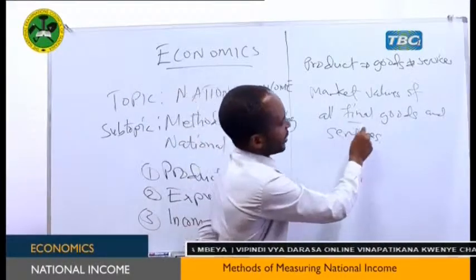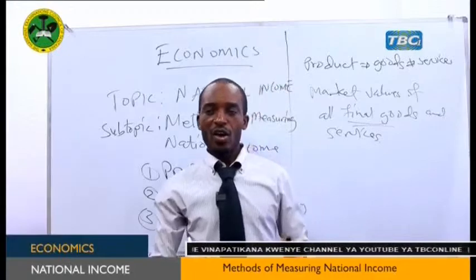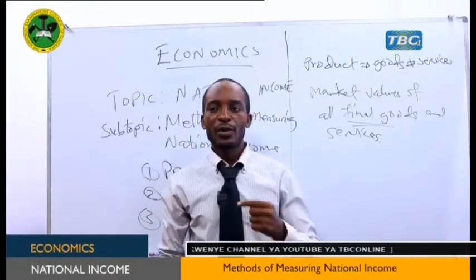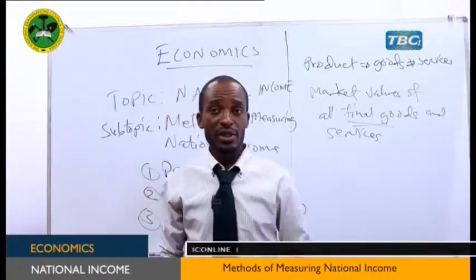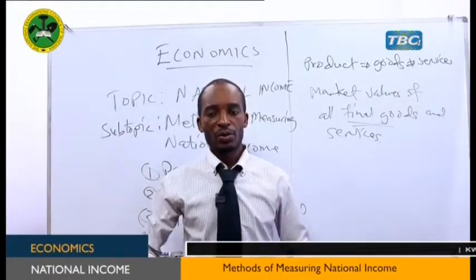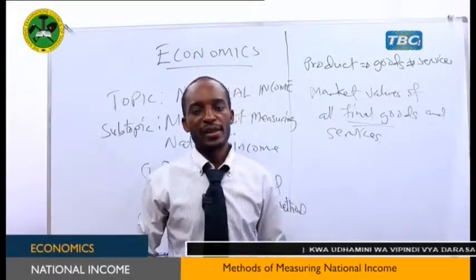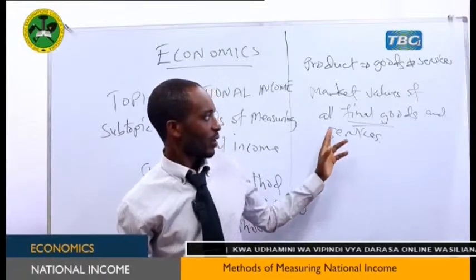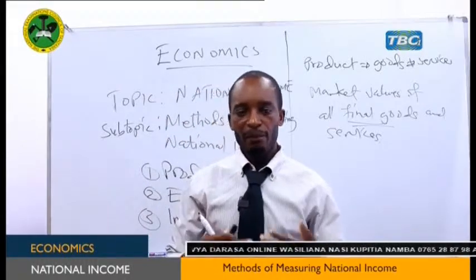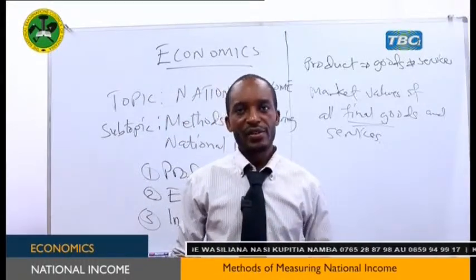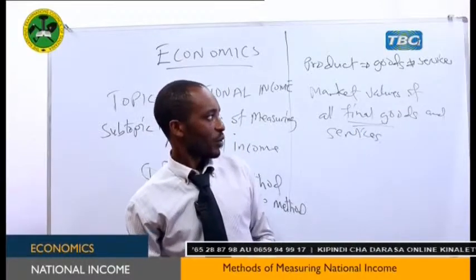So make sure that you use the final goods. When we say final goods, it means all goods which are ready for use. Final goods like, let's say, clothes, when you buy it or you produce it, and that clothes is going to be used by wearing, so we call it a final good. Or you buy a product and you are going to consume, so that we call a final good.